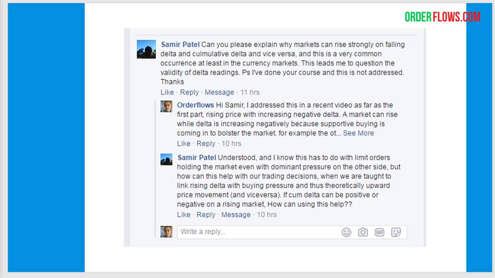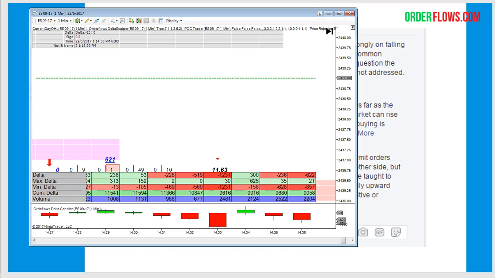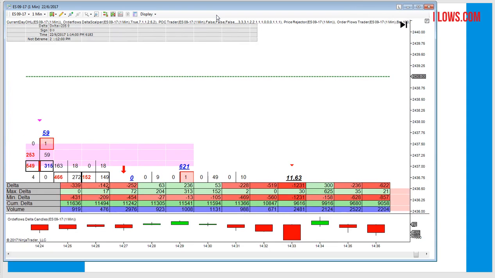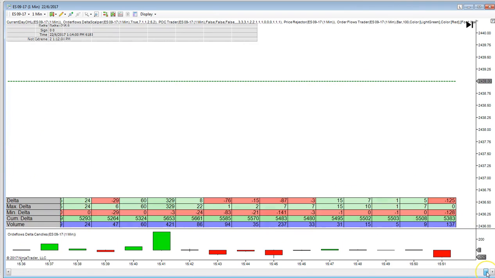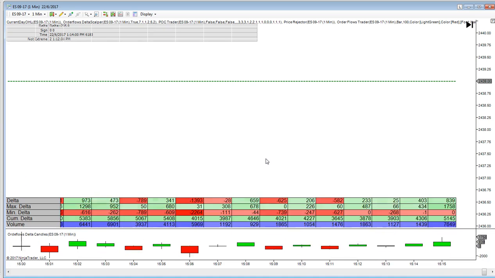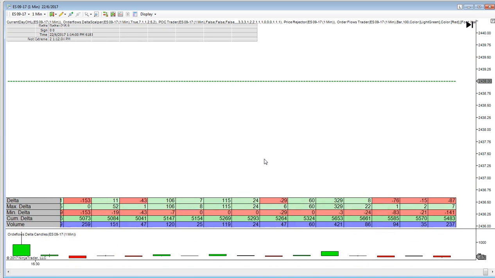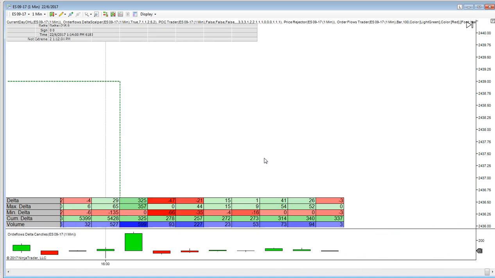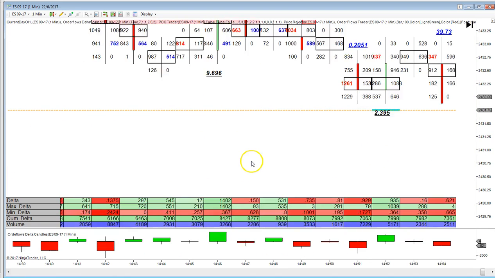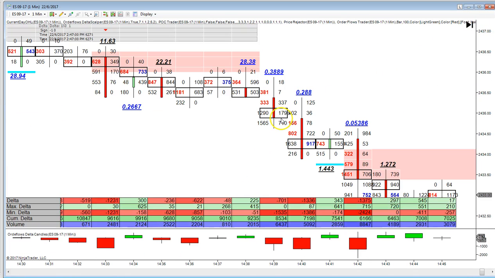So first thing, I'll pull up a minute-based chart. I've got a 1-minute chart here in the E-minis. Okay, so here's the chart.